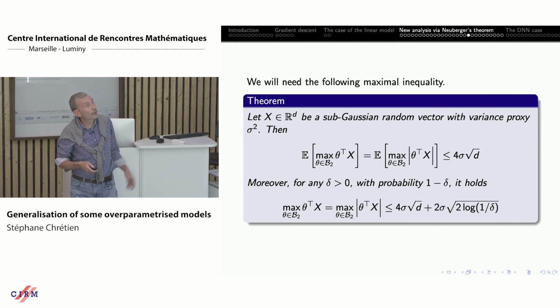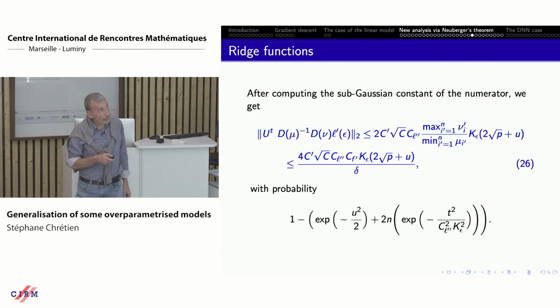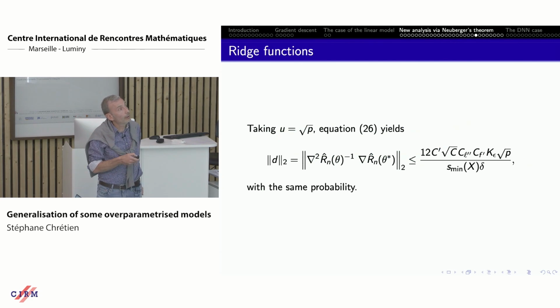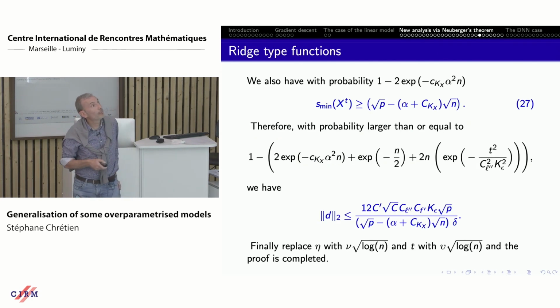Of course, you can use well-known maximal inequalities, simplify the system, and get this at the end for the numerator, and for the denominator. For the denominator, there are very famous bounds provided by Vershynin, for example, in this book.